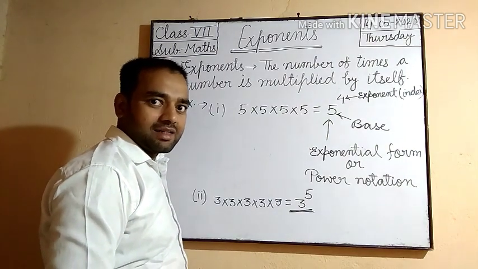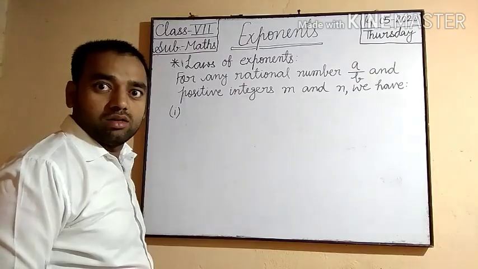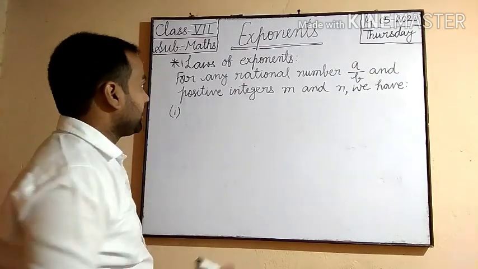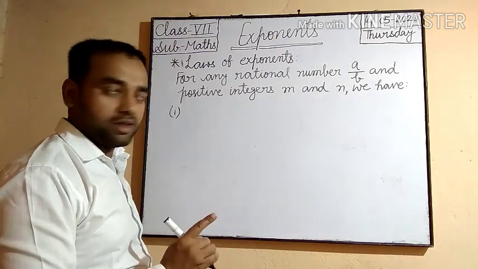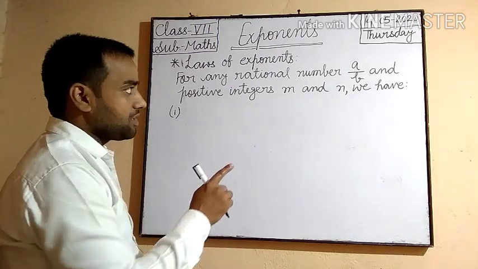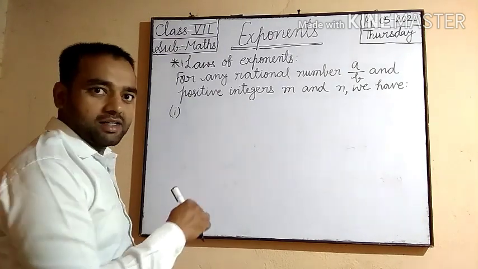Okay, now let us discuss some laws of exponents. For any rational number, take here a by b, and positive integers m and n. We have the first law right here.